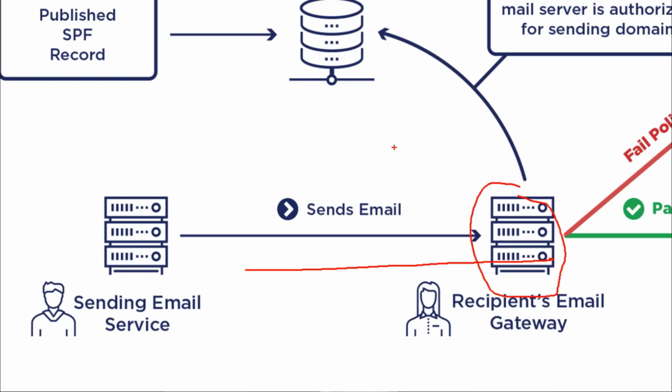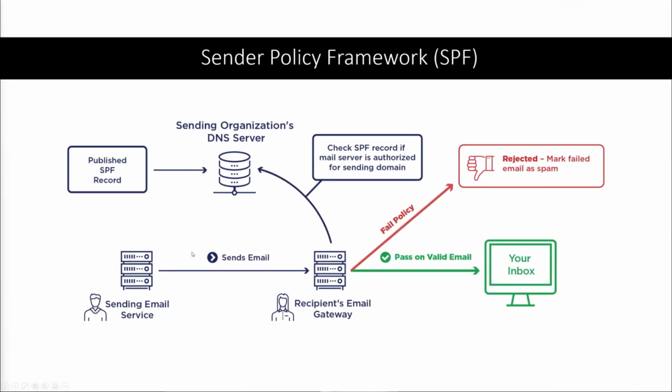The first thing they'll do is check the DNS server on the internet and look up my published SPF record to confirm that the email server that is sending my email is actually authorized to send email with my domain. If it is, it's passed on and ends up in the end user's mailbox, which is perfect. If for some reason it doesn't add up, it will be rejected and put into spam.